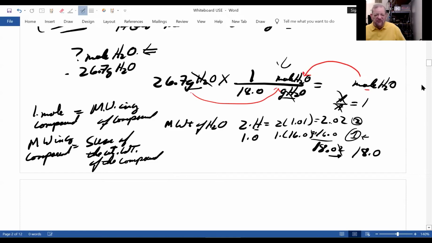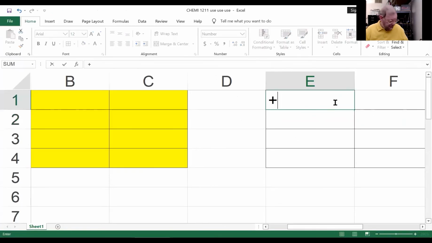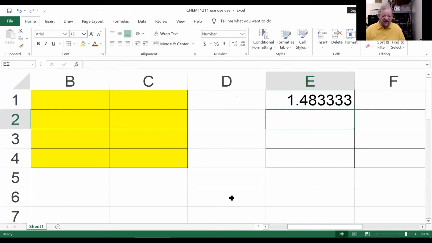I'm left with moles of water, which is what I'm trying to get. So now I can go to my calculator, and this is the number I got.